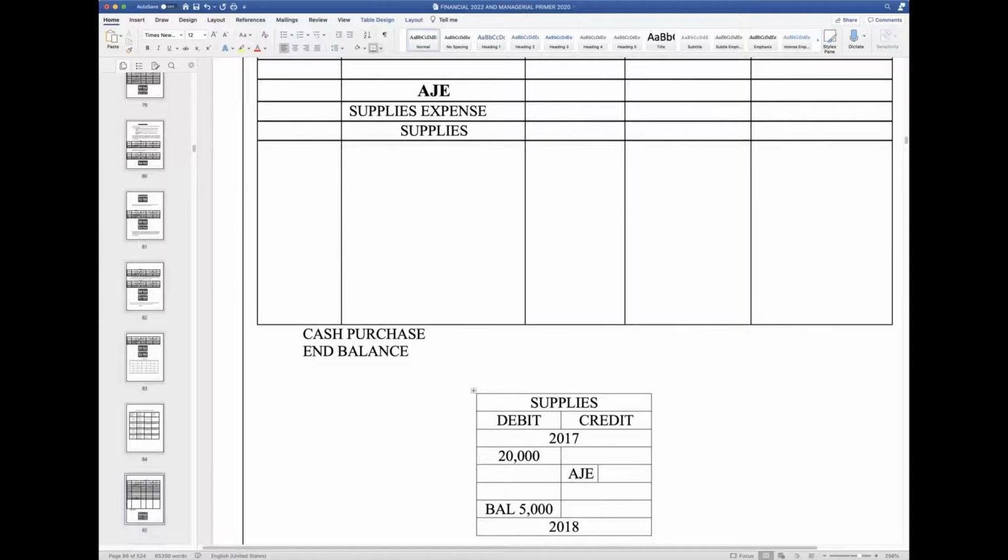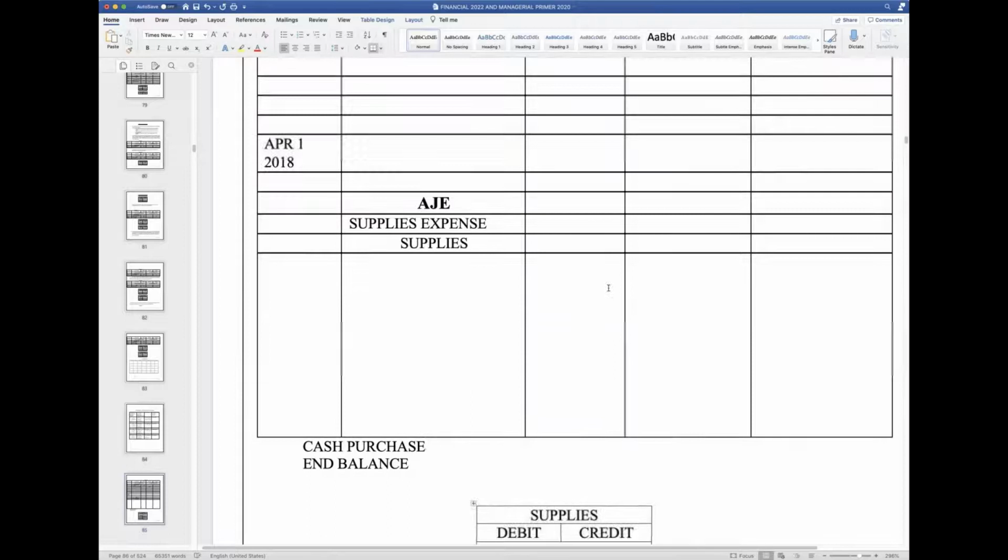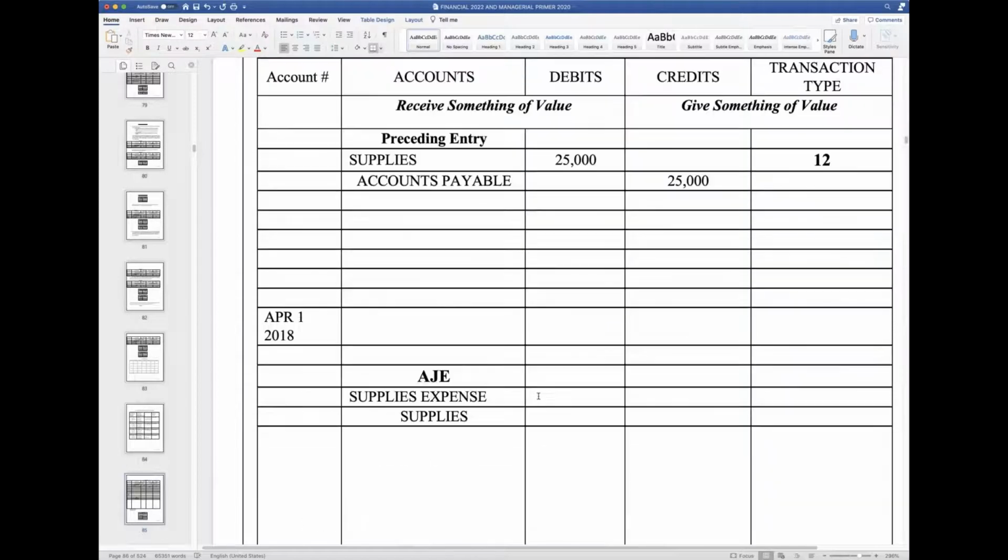So what's the adjusting entry going to be? The difference, 15,000. I think this is a chapter 13 probably.